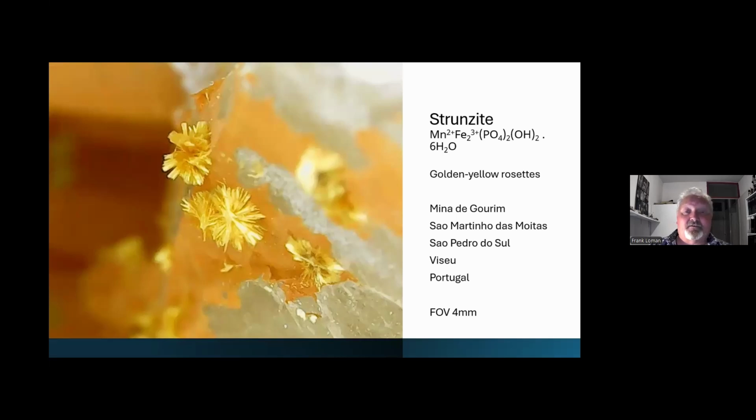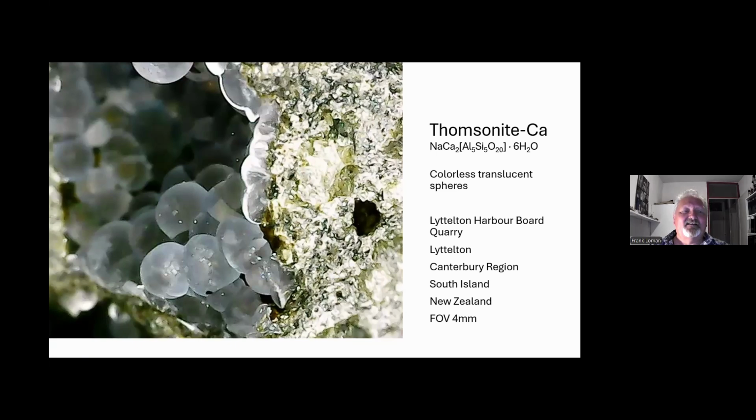Well, nice golden yellow rosettes of strunzite from the Gory mine in Viseu, Portugal. Those are tiny. Took me a while to get them as nice on the picture as it is. Thomsonite. Well, it says here Thomsonite-Ca, not confirmed, so there should be Thomsonite group. They always present themselves like colorless translucent spheres from the Littleton Harbour board quarry in New Zealand.